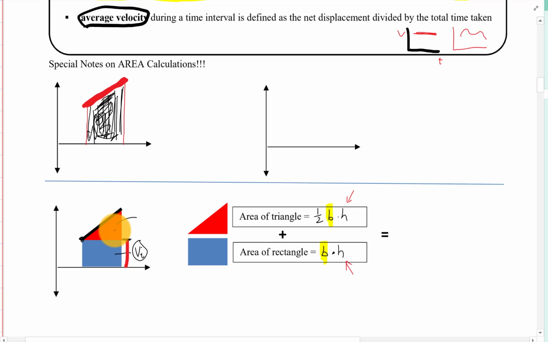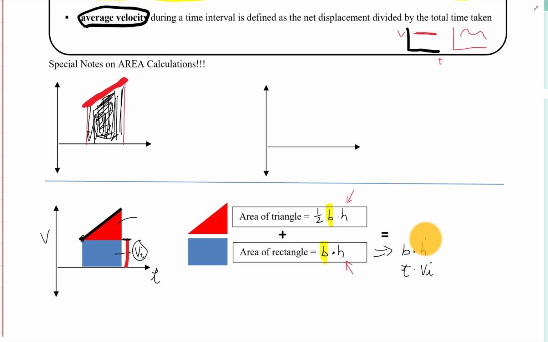If this is a velocity time graph, that's the velocity that we started at. So it just so happens that this is base times height, and the base is time, and the height is just the initial velocity. Okay? Is that good?